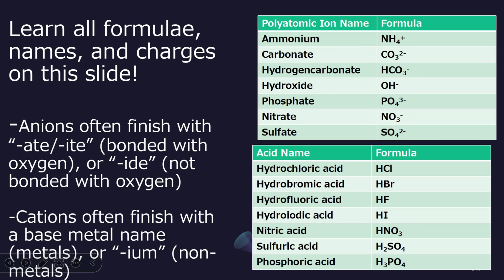So underneath here, hydrochloric acid, HCl, hydrobromic acid, HBr, hydrofluoric acid, HF, hydroiodic acid, HI, and then nitric acid, HNO3, sulfuric acid, H2SO4, phosphoric acid, H3PO4. So none of these acids have charges in their natural neutral form.